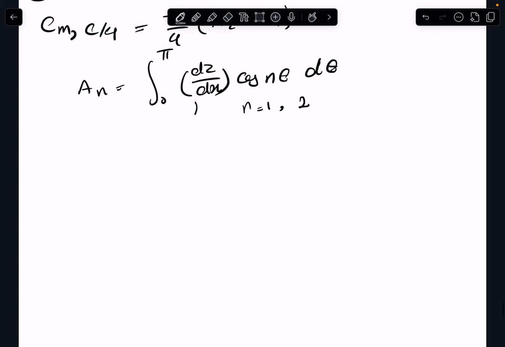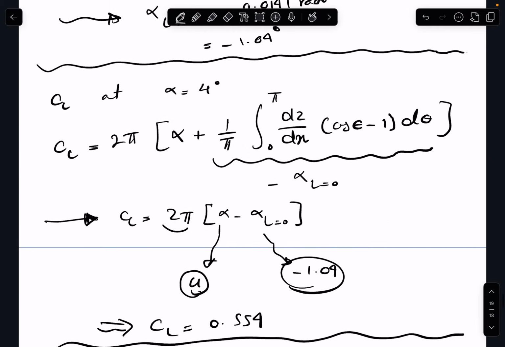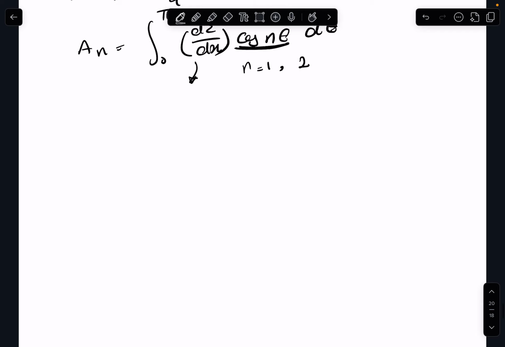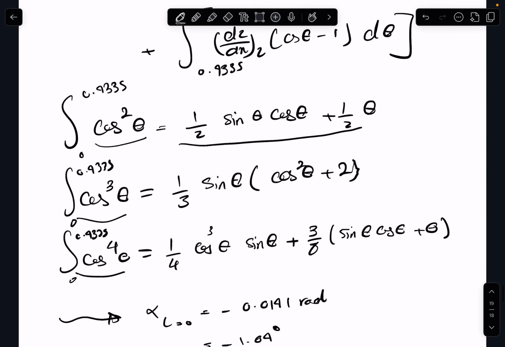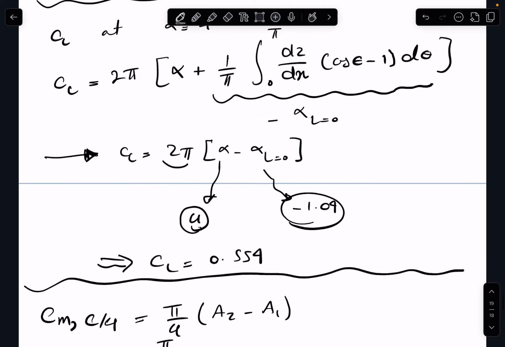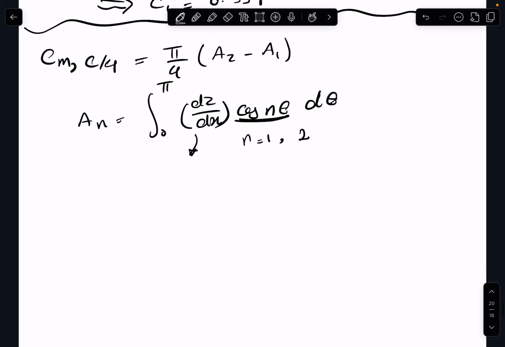We already have the dz/dx. This part might be the tricky part, but you already know how to deal with these integrals. Essentially, whenever you see a higher powered cosine, you just have to come back here and take one of these to do the integration. So the integration is a two-step integral because we have two different equations.